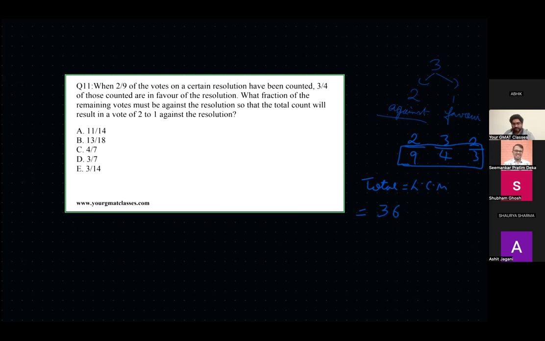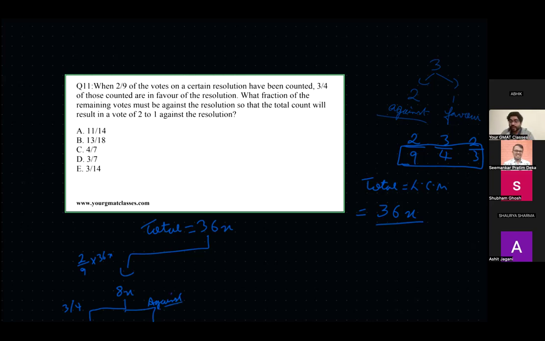So the first thing that I will do is assume total to be 36x. Now it says out of these 36x, 2/9 votes are counted. So 2/9 into 36x will give me 8x. Out of this 8x, 3/4 are in favor. So 3/4 is 6x. And remaining 2x are against.